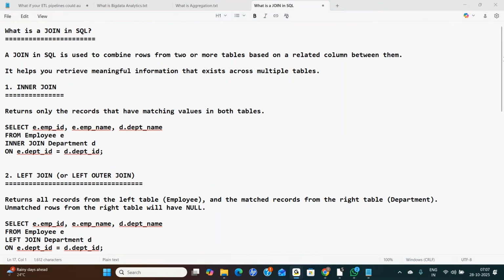That's one definition. Or otherwise, you can also simply say a join in SQL is used to combine multiple rows. Any definition works.